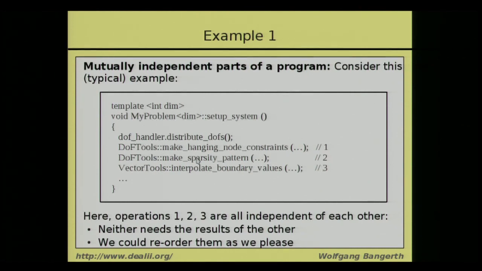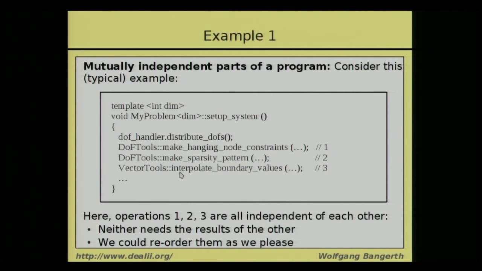And the same thing is true for the computation of boundary values, where we interpolate the boundary values in all of the nodes around the perimeter of the domain. That too, this operation could be switched with any of the other two. So in other words, these three operations are all independent of each other, and we could reorder them however we would like to do.